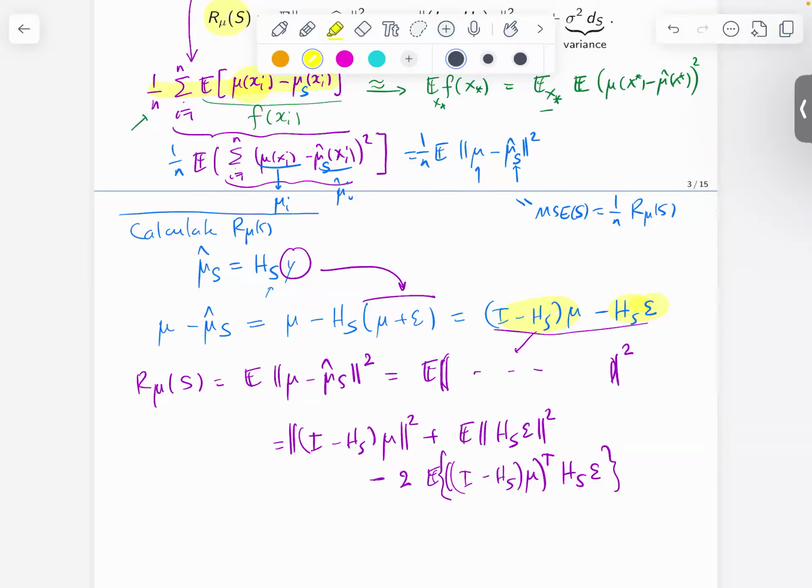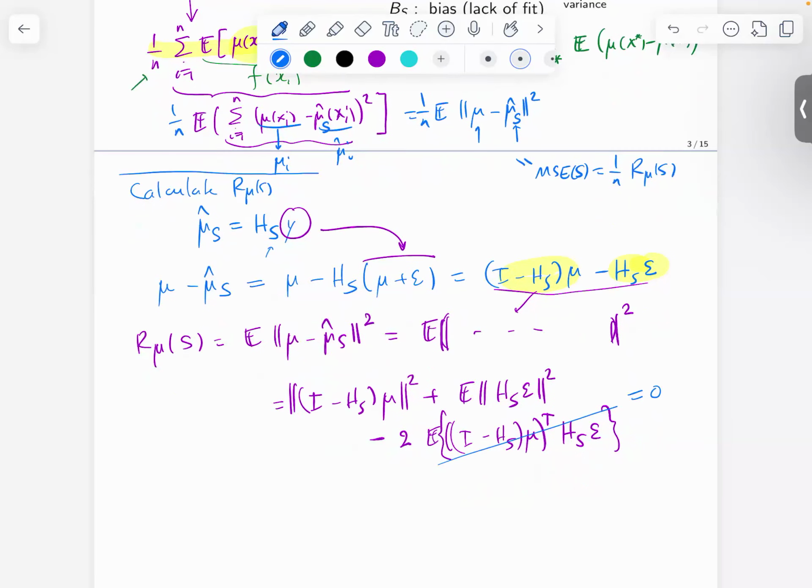Okay, so questions? What happens to the cross term in any reasonable statistical course? 0, yes. Until it's not, but you get a lot of mileage out of that statement until you hit the wall. Why is it 0?